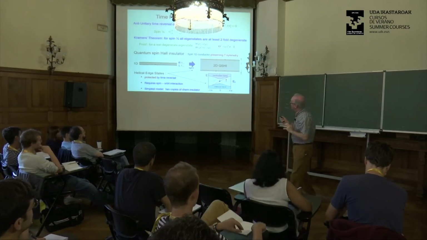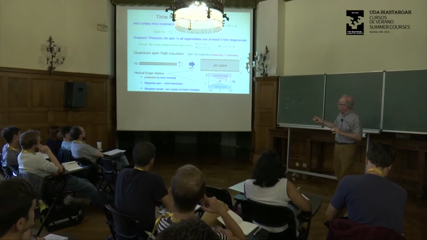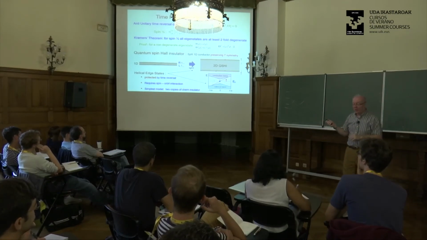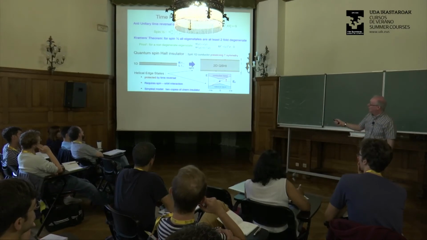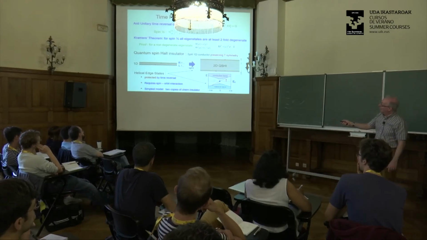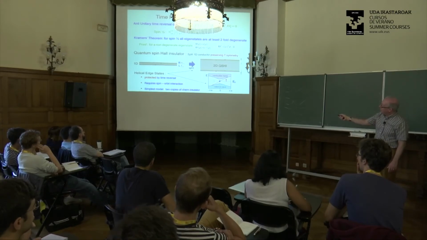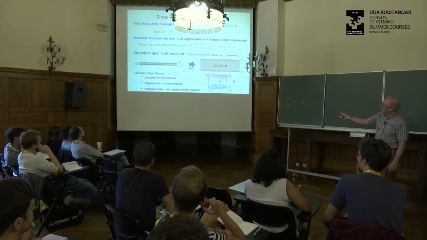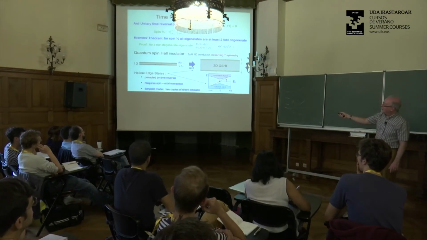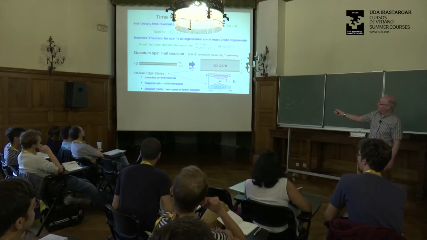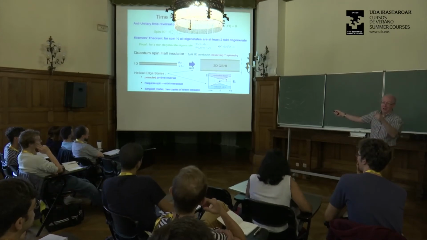There's a very simple proof of Kramers' theorem, a proof by contradiction. Let's suppose you did have a non-degenerate eigenstate, chi, that commutes with the Hamiltonian. If I do time reversal on it, I have to get the same state, because there's only one state there.